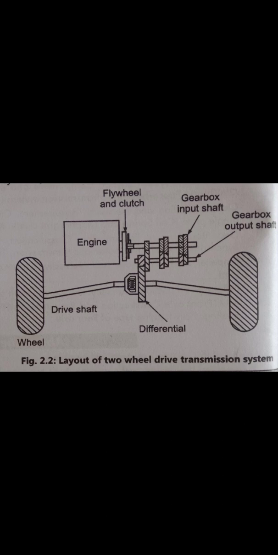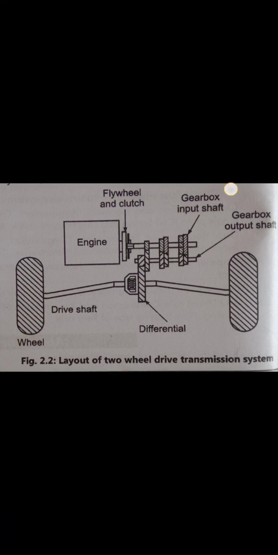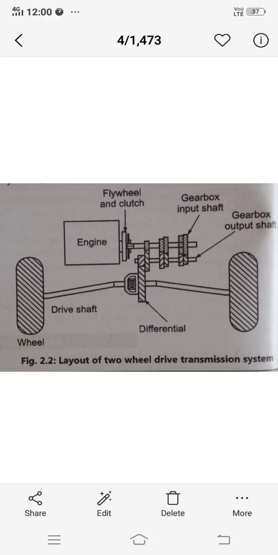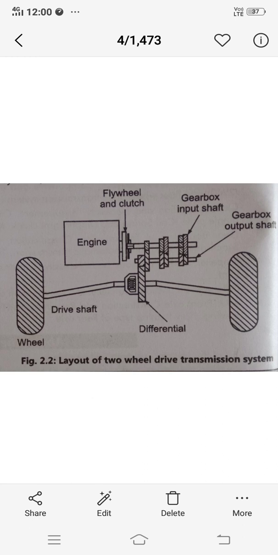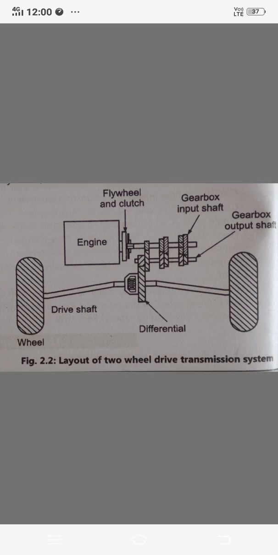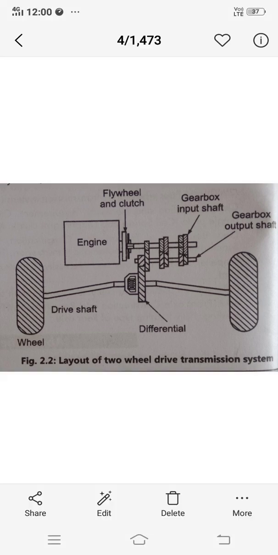A two-wheel drive transmission system is a powertrain layout that delivers power from the engine to just two wheels, either the front wheels, that is front wheel drive, or the rear wheels, that is rear wheel drive.